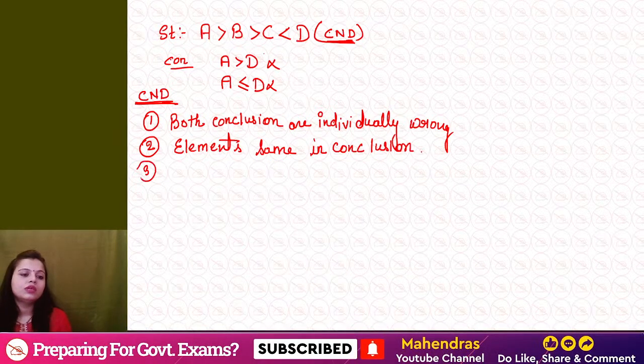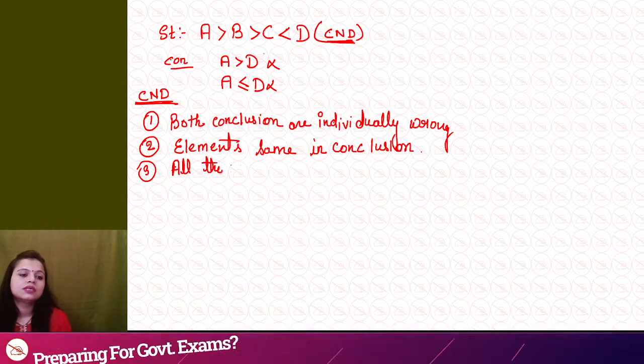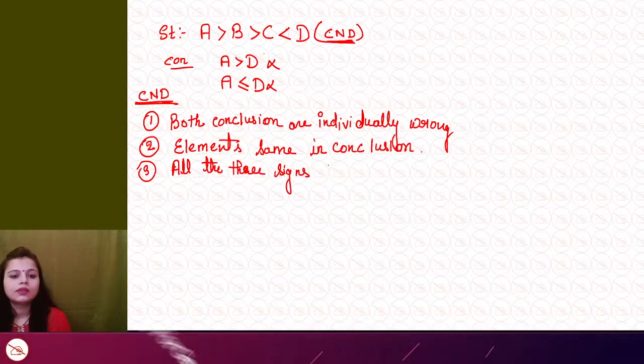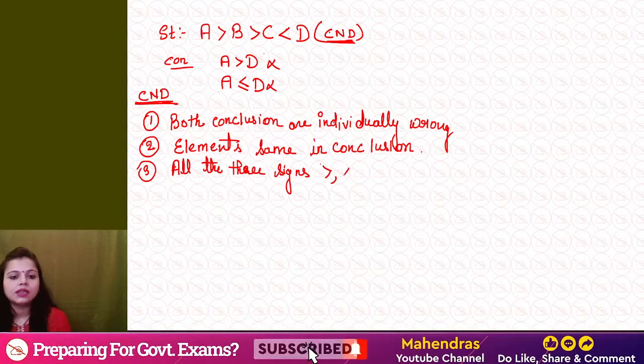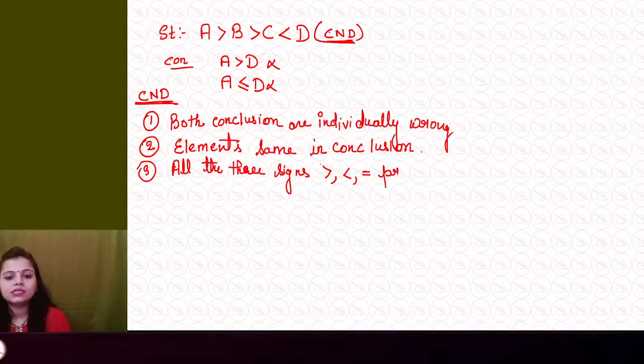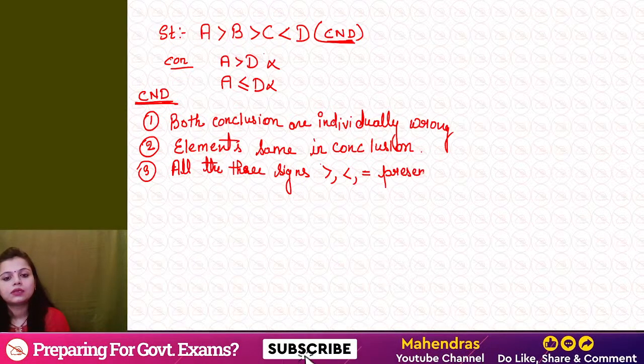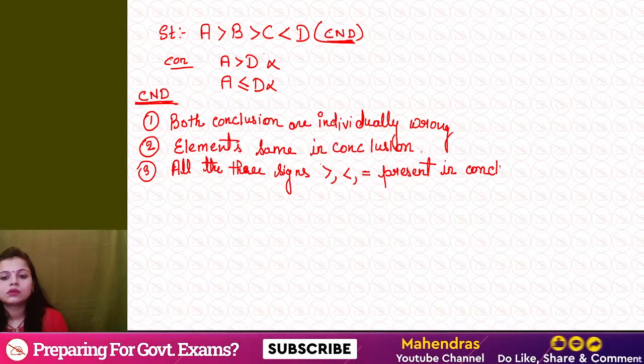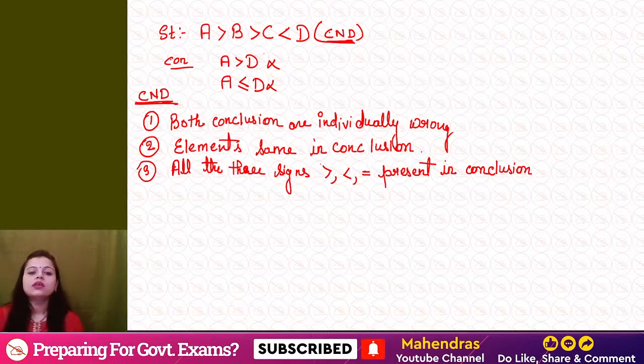Rule number three is all the three signs, that is greater, less, equal, present in conclusion. All the three signs are present in conclusion.